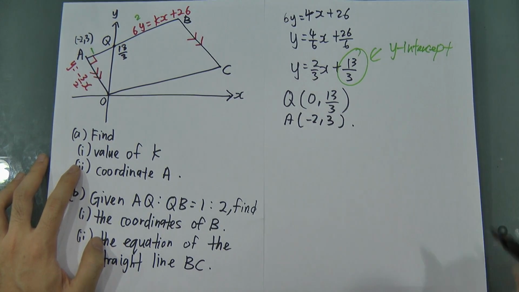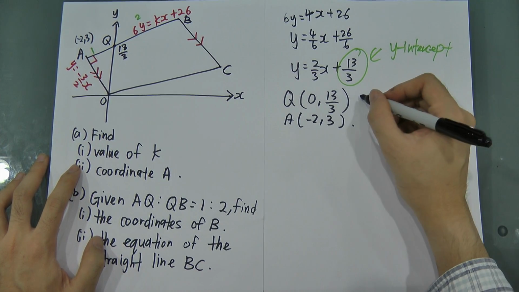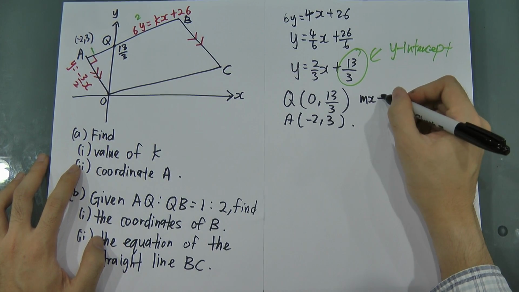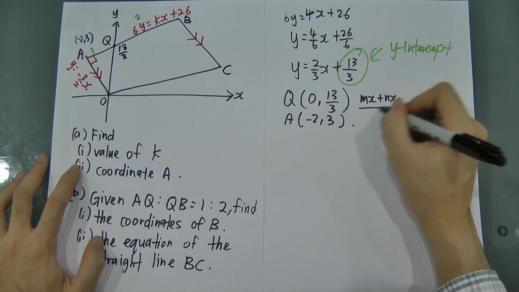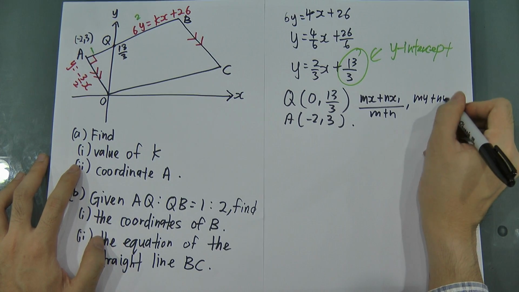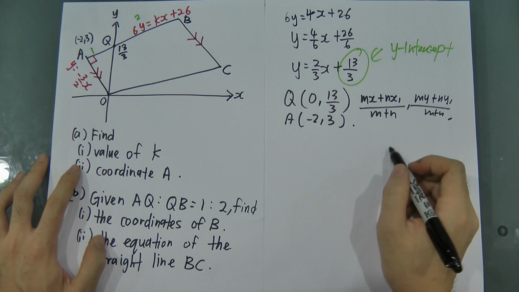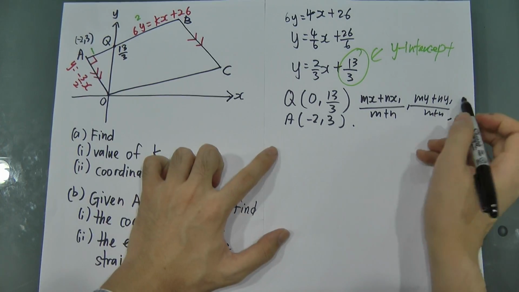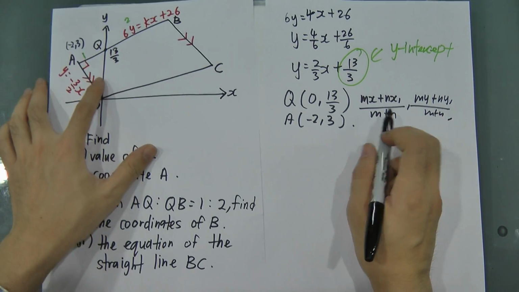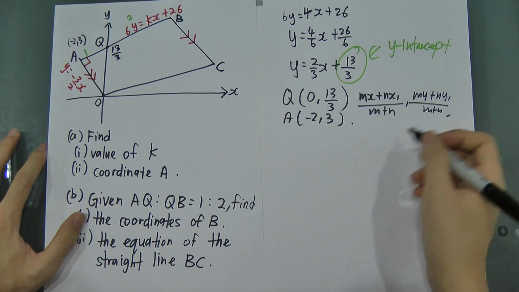So I'm going to find B using the ratio formula, which I mentioned just now, which is (mx2 plus nx1 over m plus n, comma, my2 plus ny1 over m plus n). And then they will equal the middle coordinates, which is 0, 13 over 3.